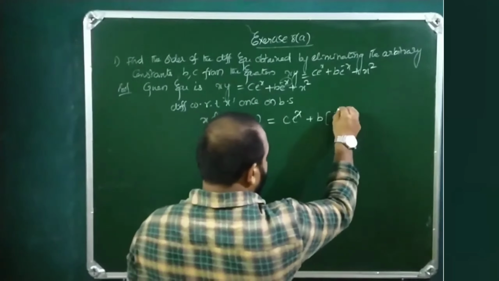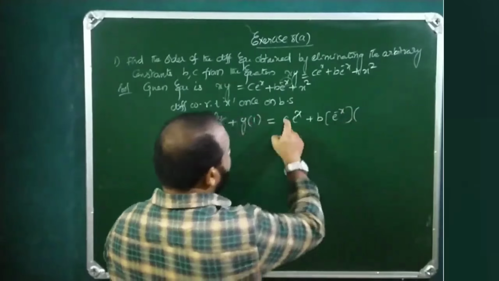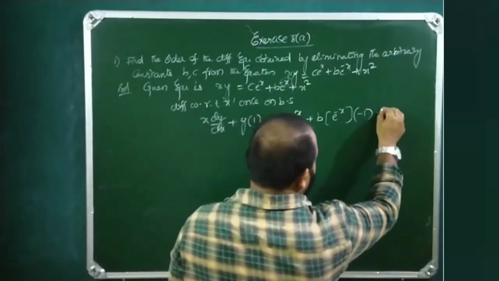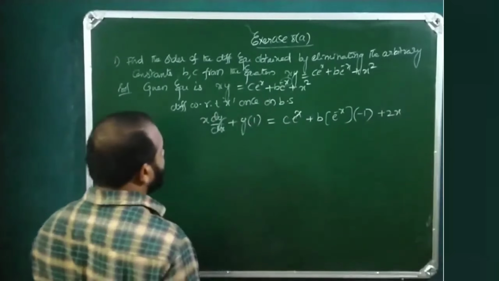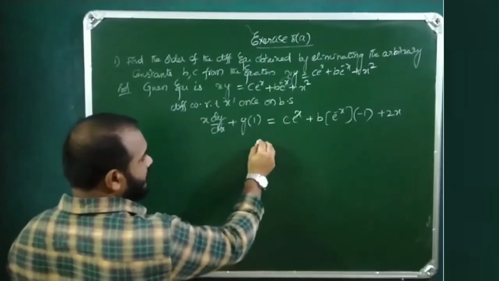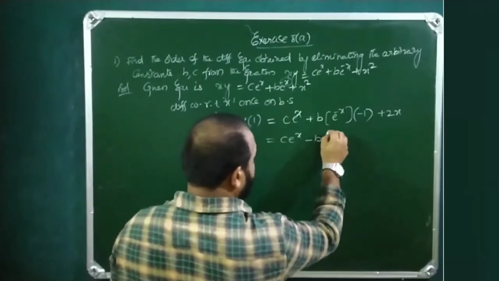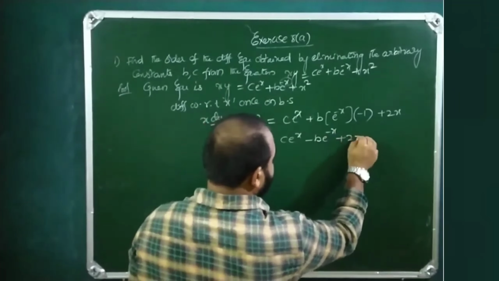So e^(-x) into d/dx of (-x), which is -1, plus the derivative of x^2, which is 2x. So this equals c e^x - b e^(-x) + 2x.